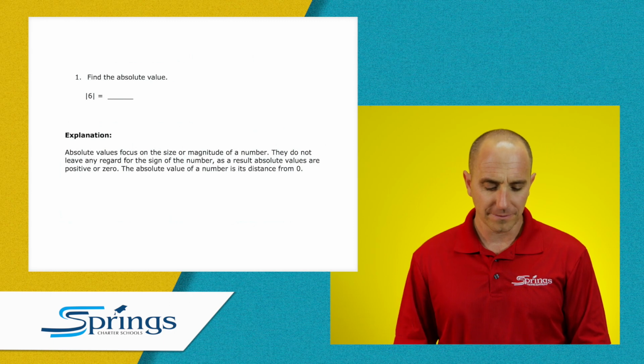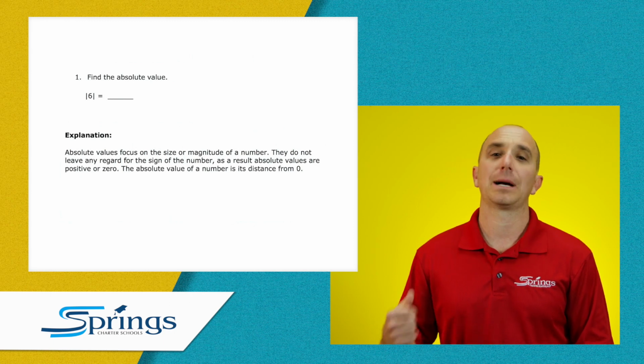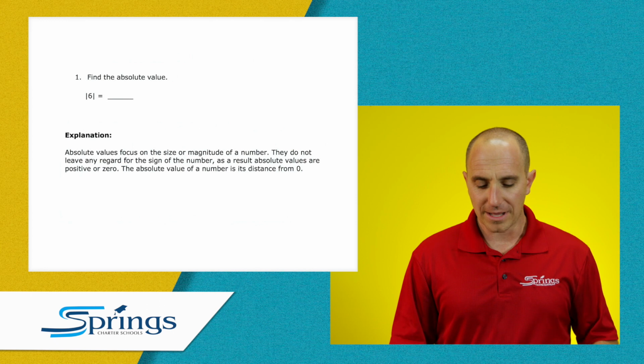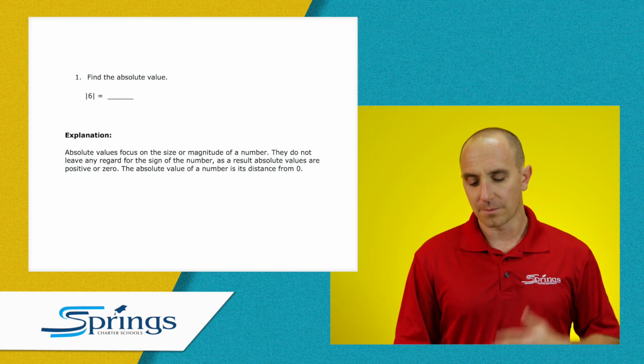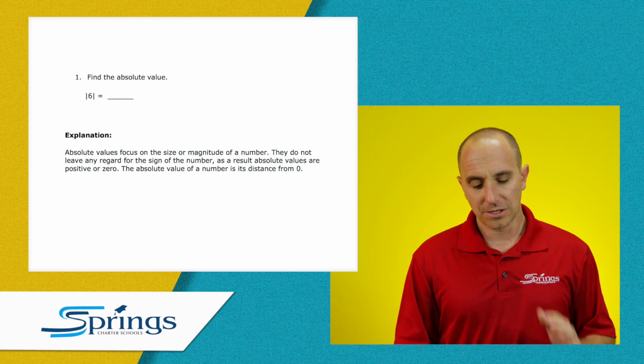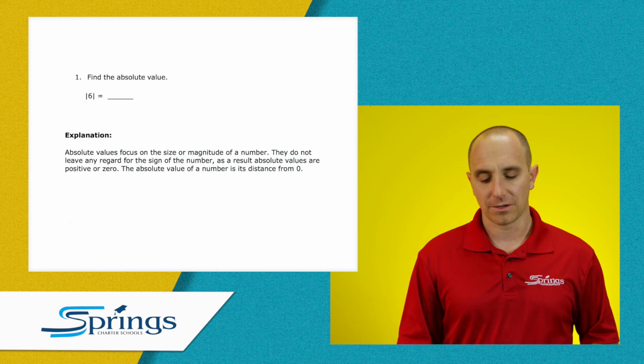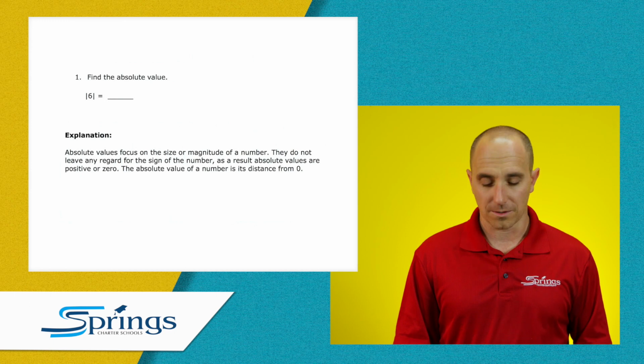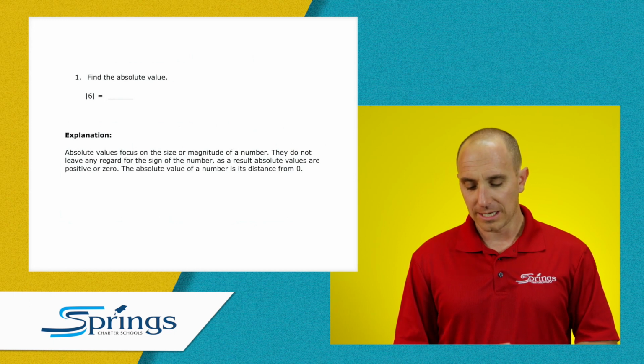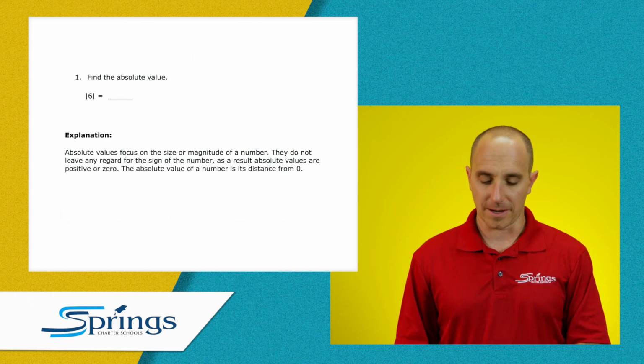Okay, so we're going to find the absolute value. We have 6 inside our absolute value sign. Remember that absolute value focuses on the size or magnitude of a number, so it does not have any regard for the sign of the number. As a result, absolute values are positive or 0. The absolute value of a number is the distance from 0, like I just talked about.